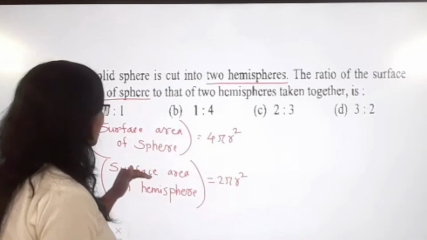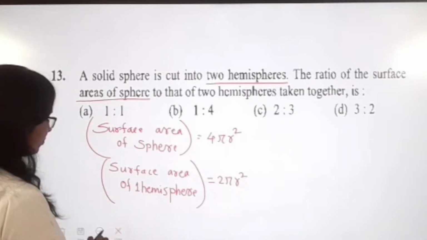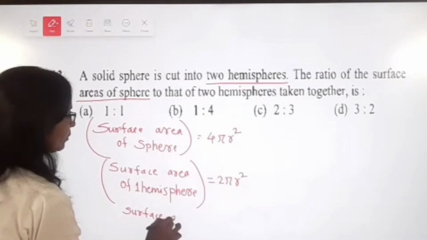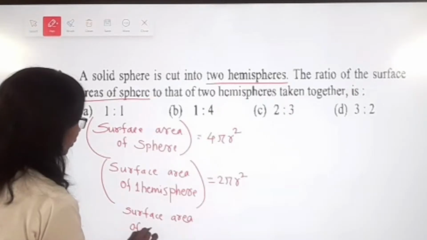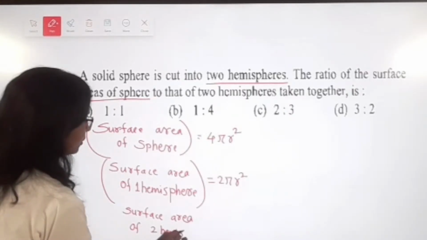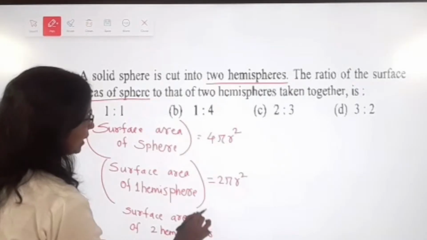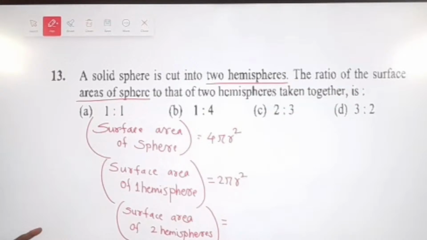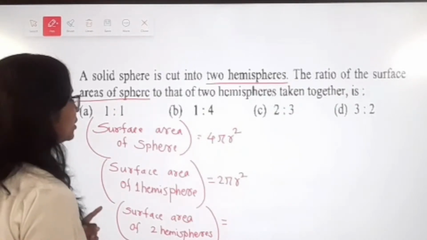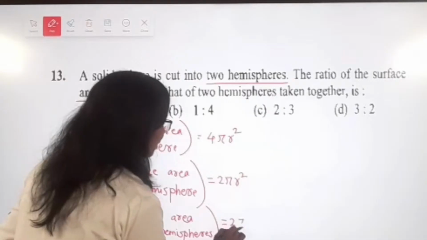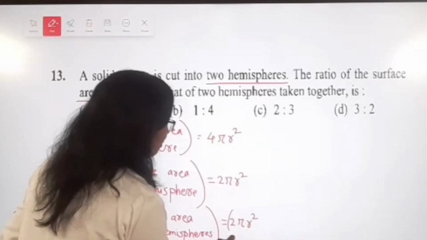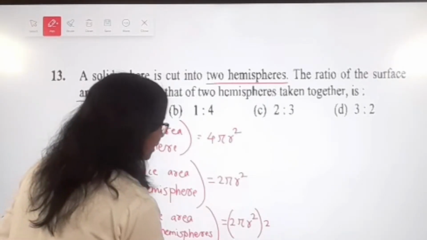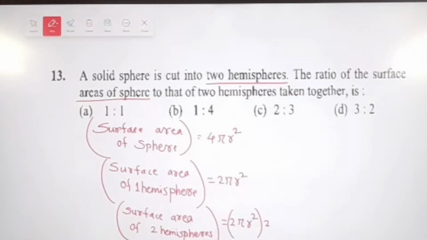This is the surface area of one hemisphere, so the surface area of two hemispheres is 2 pi r square multiplied by 2, that means 4 pi r square.